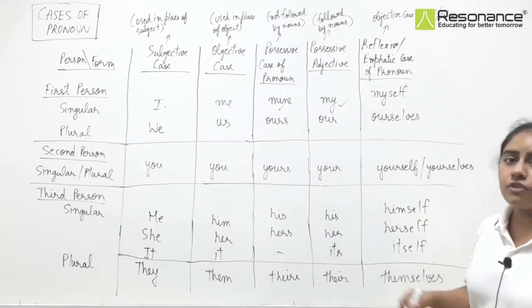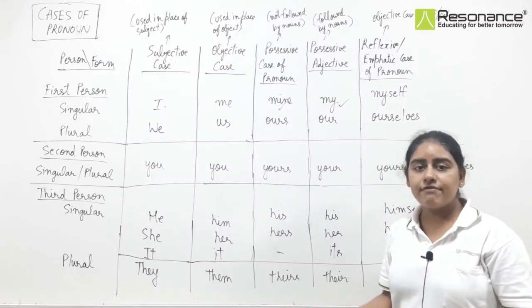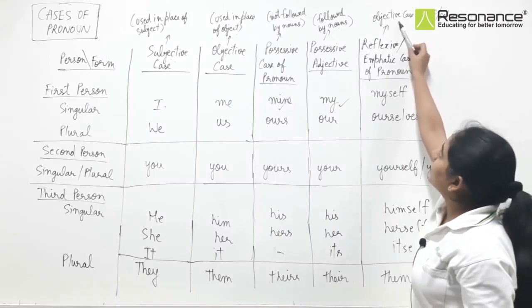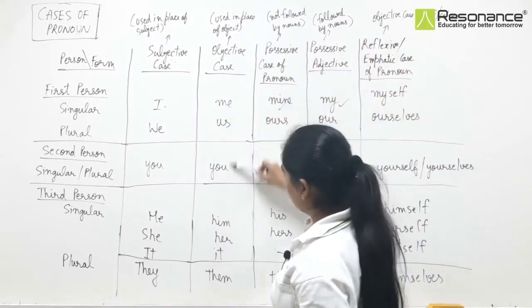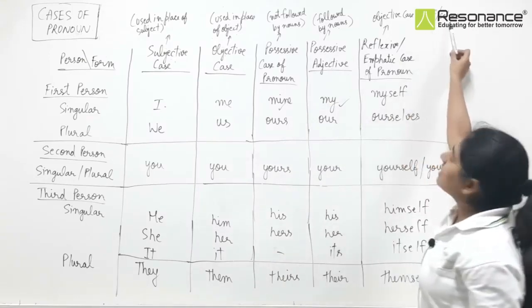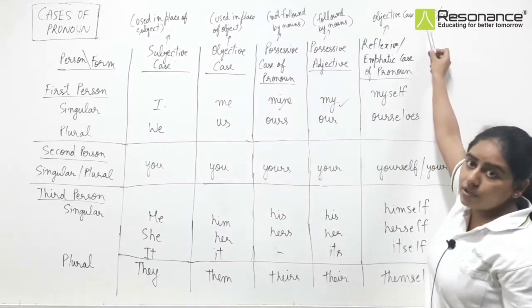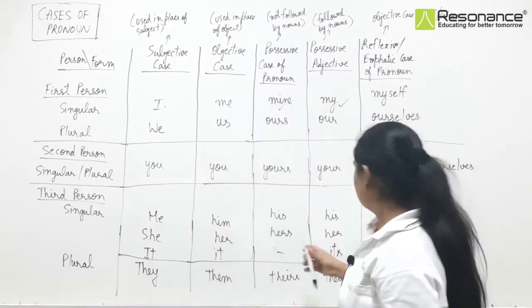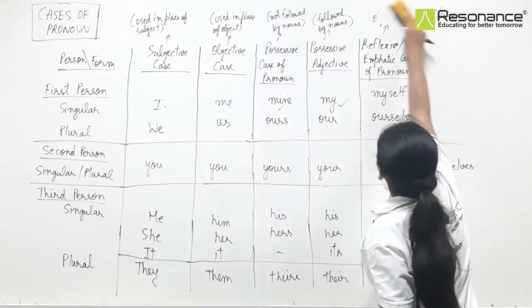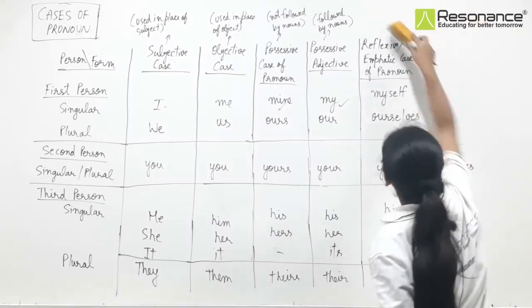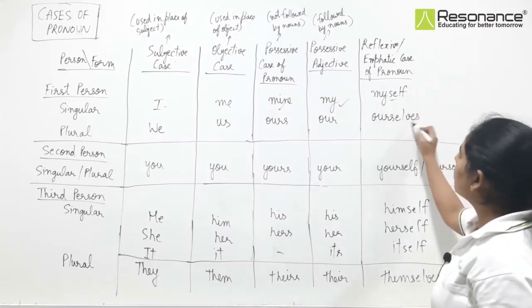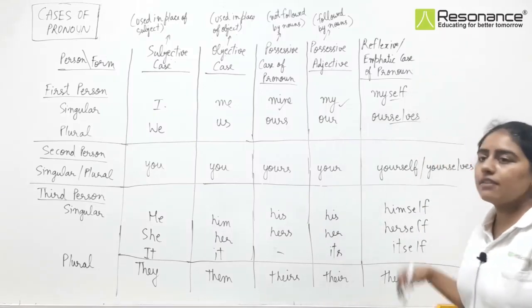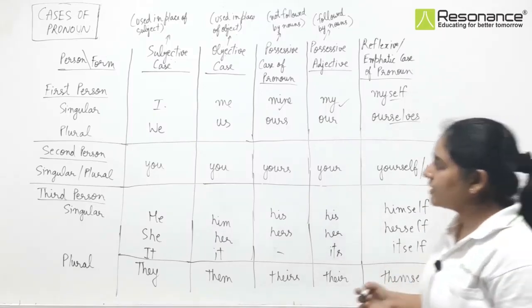Reflexive and emphatic, I have already explained to you both the types of pronouns. तो ये कैसे form होते हैं? जब भी objective case of pronoun यानी कि ये वाला, इनमें जब भी हम self या selves लगा देते हैं, self will come in case of singular and selves will be added in case of plural. तो जैसे me है, ठीक है, चलो okay, remove this ताकि आप confuse ना हो. Remove this, simple सी बात है. आप इसमें self और selves, तो जो भी self या selves words होते हैं वो होते हैं reflexive और emphatic case, and I have already explained to you the difference between them. So let's have a look fast.